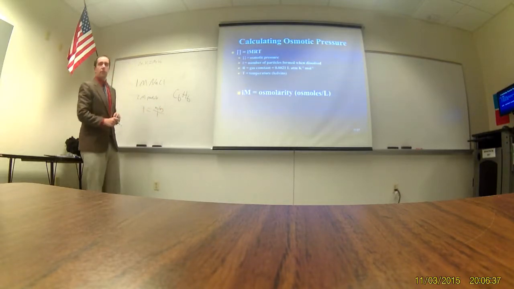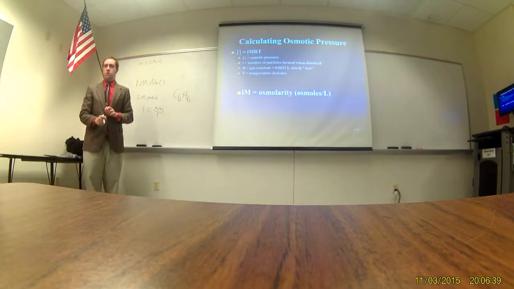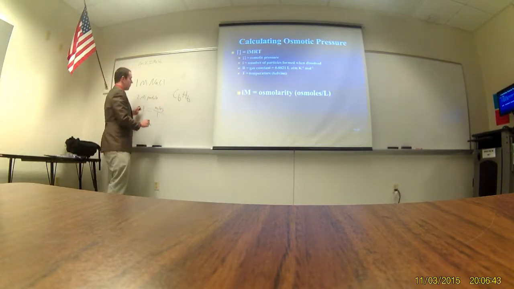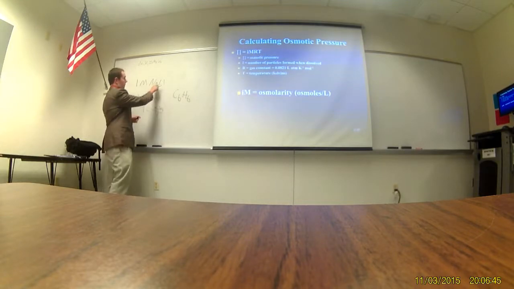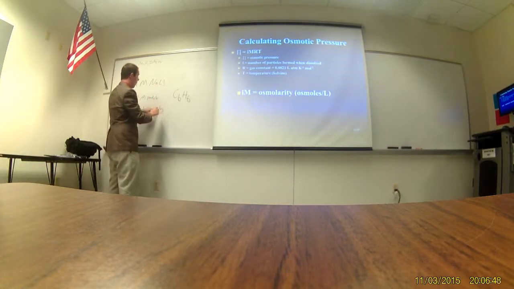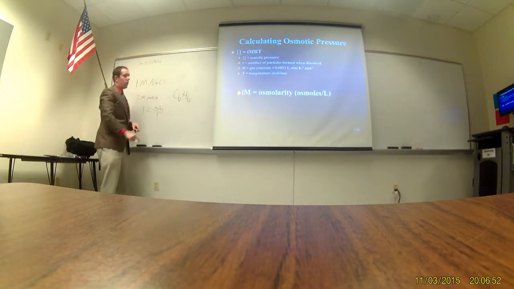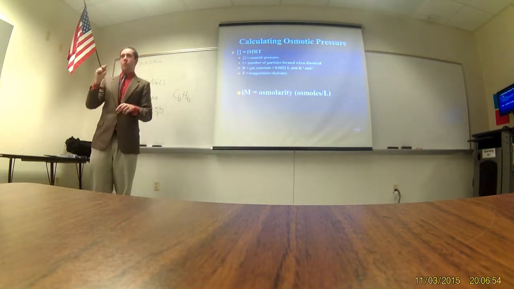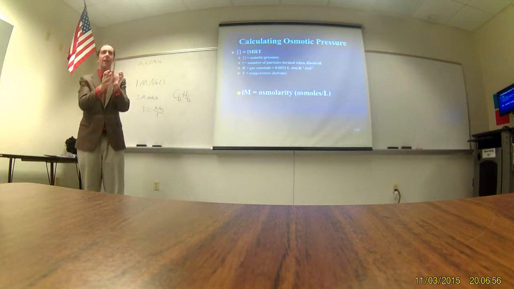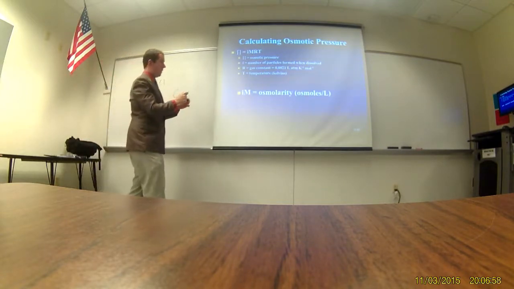How many moles are in that solution? 1. So if I told you that solution is sodium chloride, so you take the 1 mole times I of 2, and you're going to get 2 osmoles. You put the os when you're talking about particles.